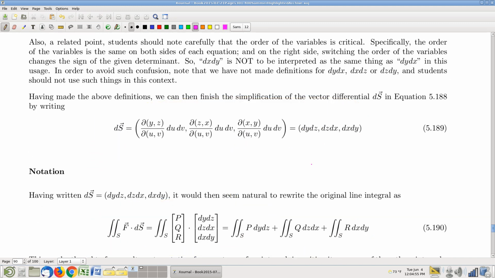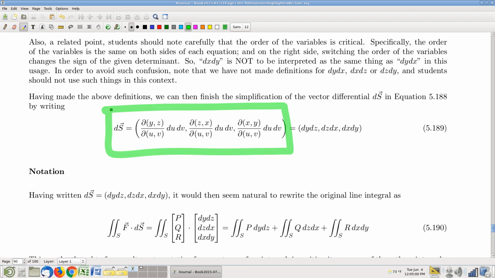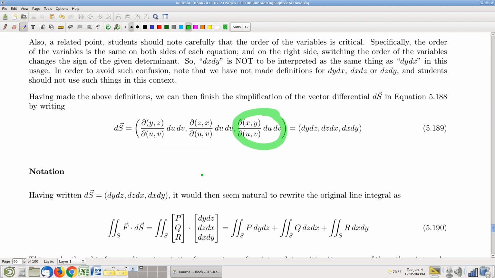This is where we were a couple of pages back. ds is this product. We found ourselves wondering, what in the world am I going to do with this? I had this strong temptation to just cancel these, as if that's okay. Can I do that? Does that make sense? We've agreed that yes, I can call this dx dy.